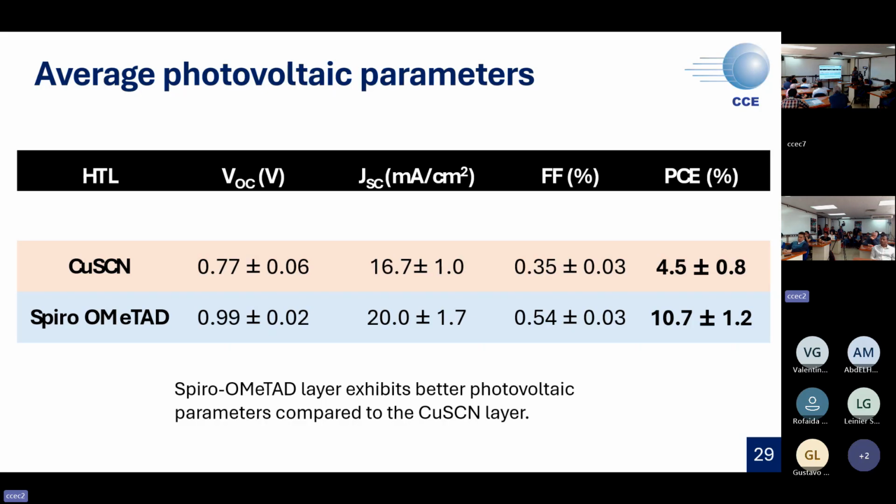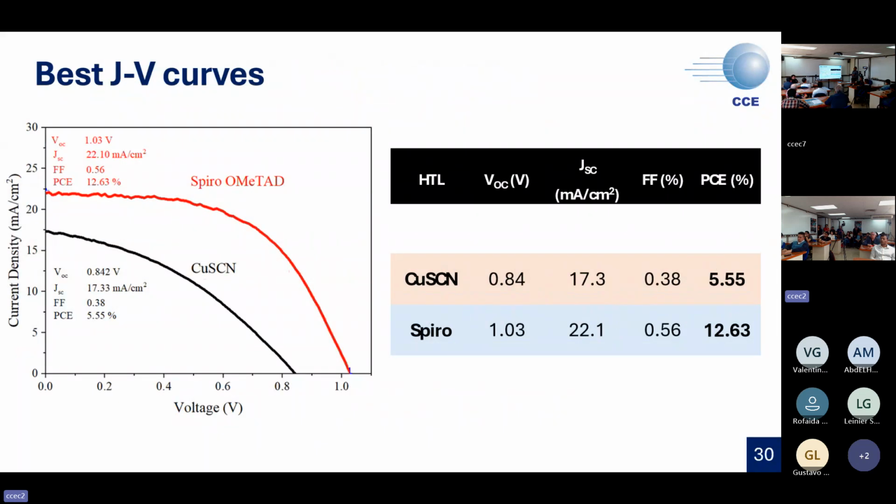However, it's clear that spiro-OMeTAD is better, but it's important to understand the reason for these results. In particular, these are the J-V curves for each hole transport layer. Clearly, there is a maximum power conversion efficiency with spiro-OMeTAD of around 12% and a maximum power conversion efficiency with copper thiocyanate of about 5%.